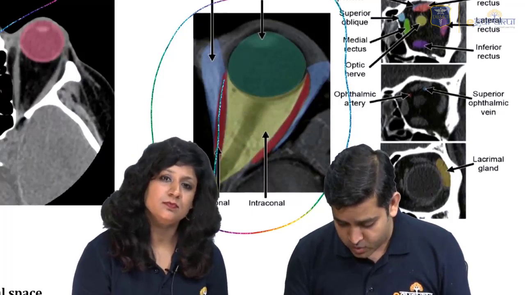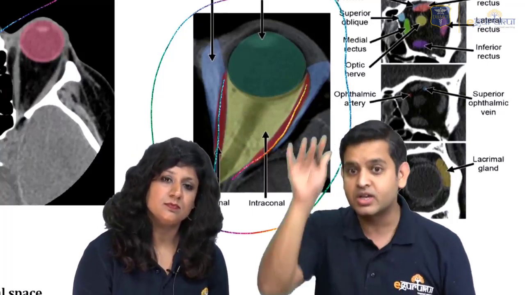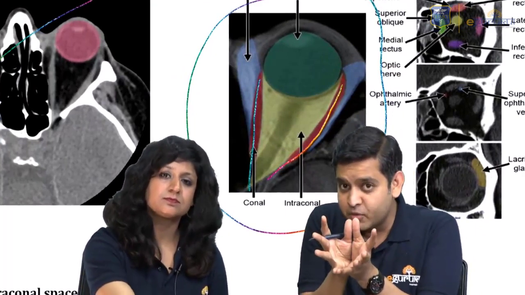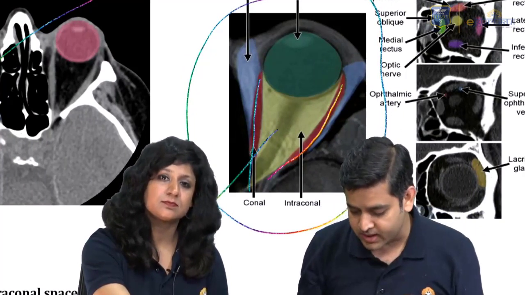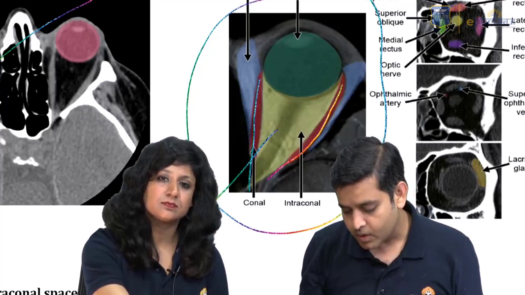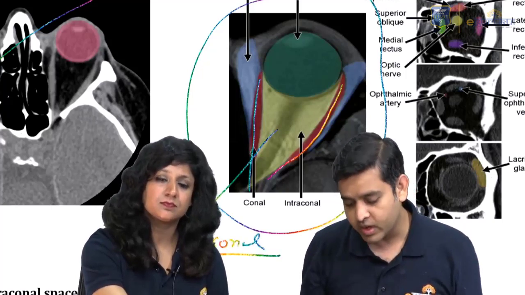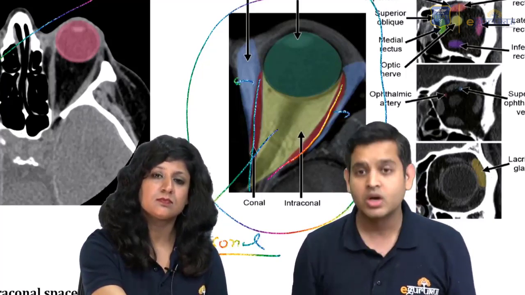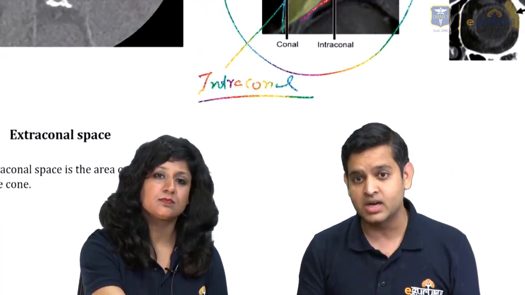If it is between these muscles, the superior rectus and the inferior rectus also, because they are forming a cone, if it is present within the cone, this is called an intraconal space. Whereas if it is lying outside, that is called an extraconal space.